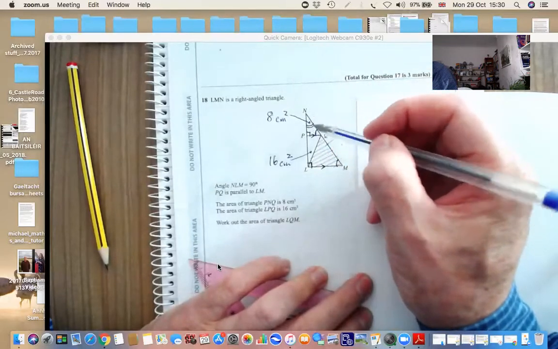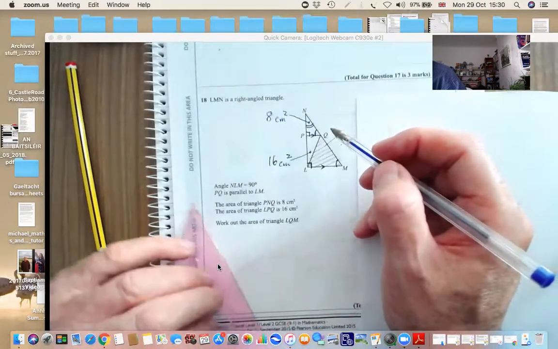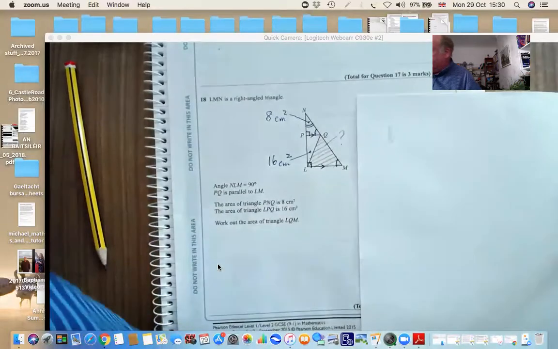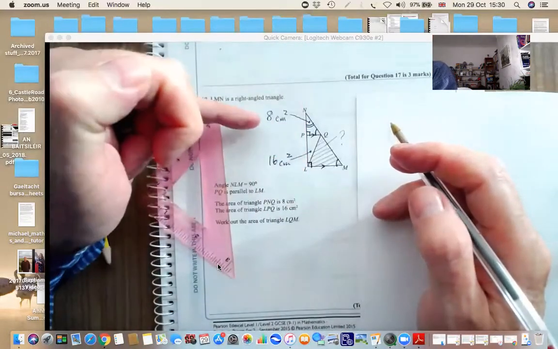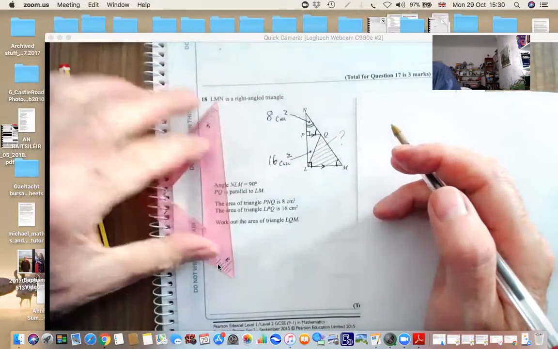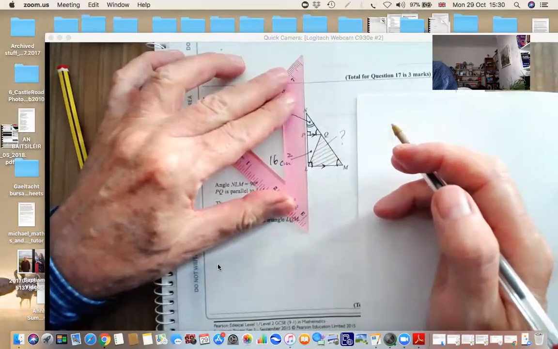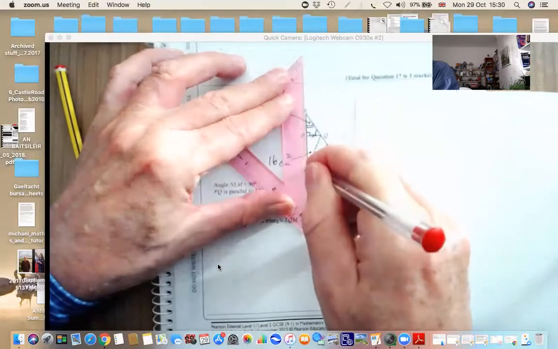So we're getting to a situation where I think perhaps similar triangles might play an important part in this, because he's given us the area of one triangle is 8 and the other triangle is twice the size. So we're trying, I think, to find the area of the big triangle.